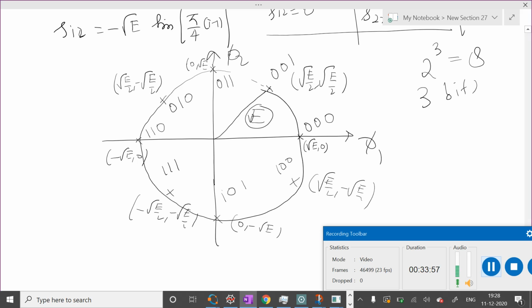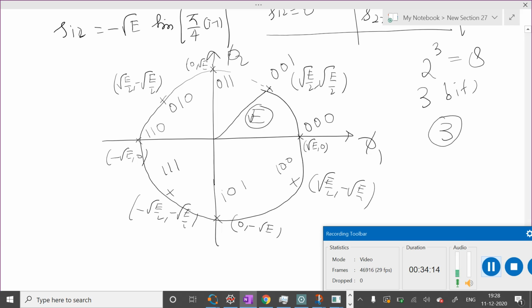See, this is gray coding, because there is only one bit change between two consecutive points, so there is less chance of errors. This is how it is done. So we are able to transmit 3 bits with a single waveform.